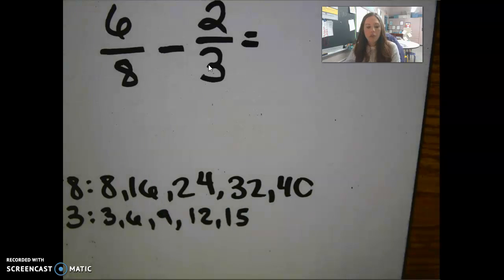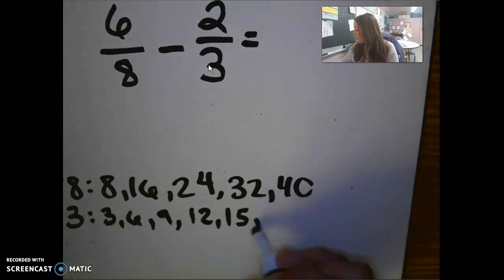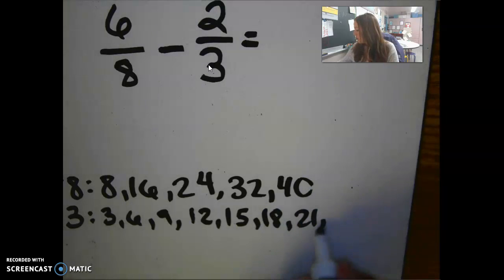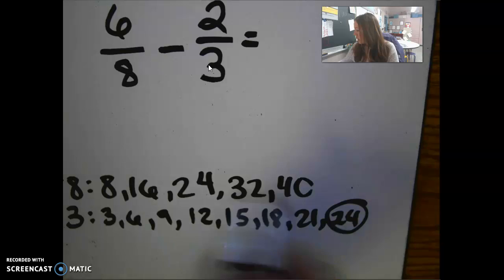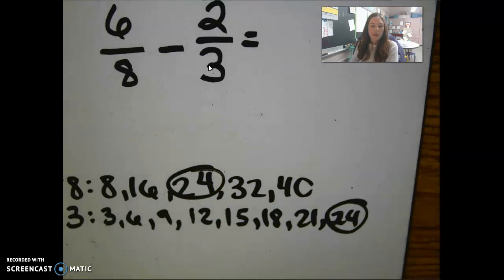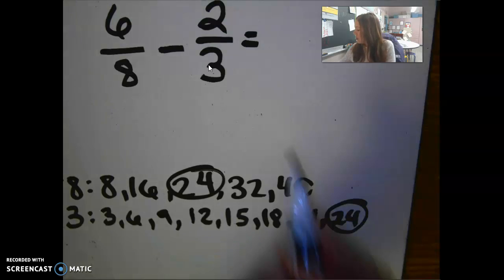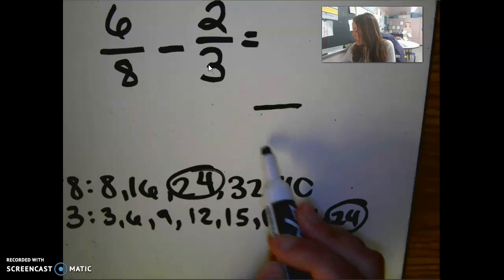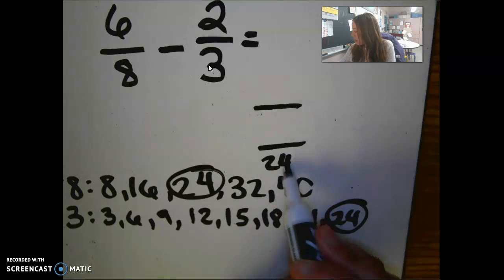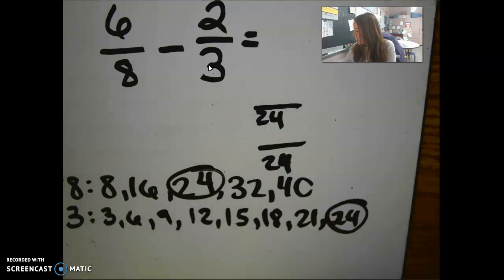I don't have any in common yet, so I need to keep going. There we go. So 24 is my least common multiple, and that's going to serve as my common denominator.